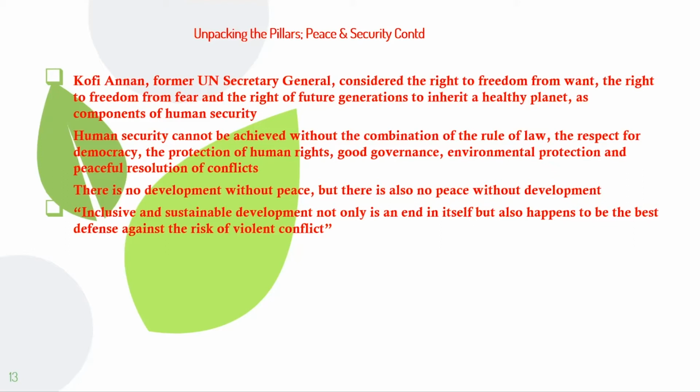Human security cannot be achieved without a combination of the rule of law, the respect for democracy, the protection of human rights, good governance, environmental protection, and peaceful resolution of conflicts.